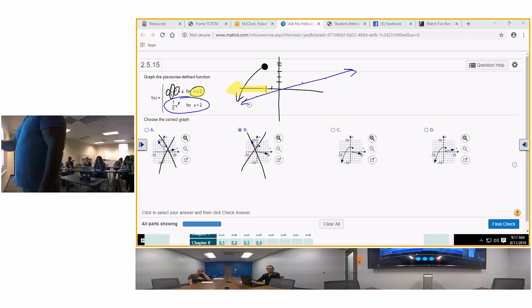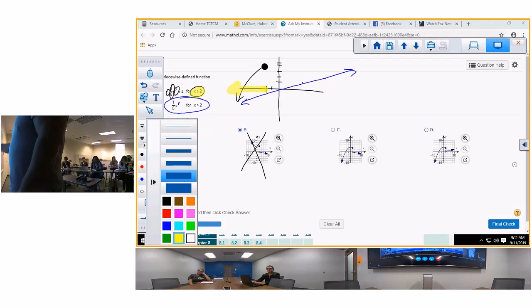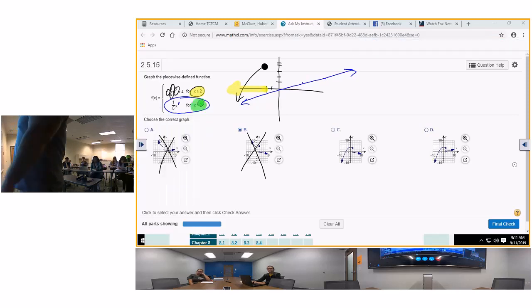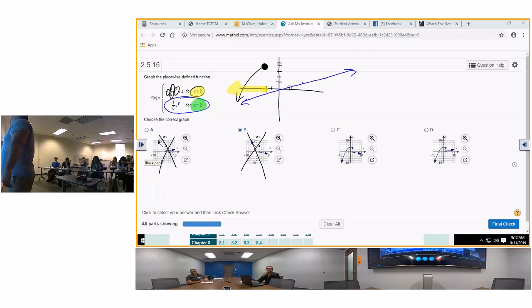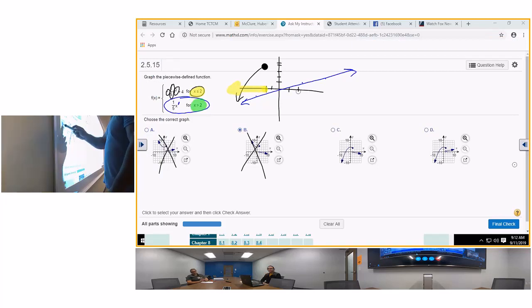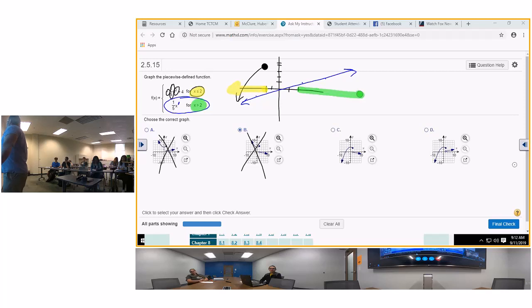Okay, let's take our highlighter. And what is our domain? Our domain for that function is greater than what? 2. So let's find 2. X is equal to 2. 1, 2. So our domain for the second function is that way, right?